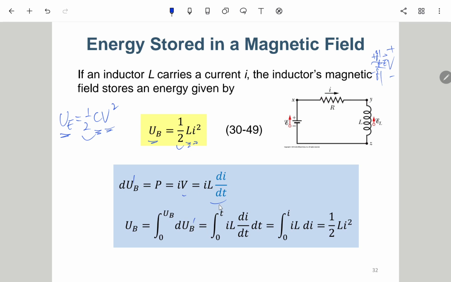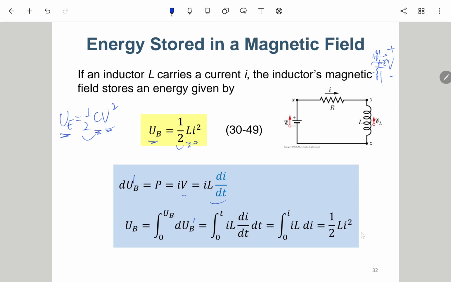It becomes integrating I, so we have a half of I squared, and finally this becomes 1/2 L i squared.